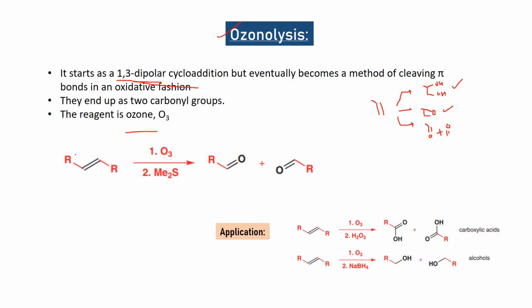So if you have this double bond and add this ozone and this Me2S, what will happen? This double bond will cleave and we will get this oxidized product. How do we get this ozone? In the laboratory, if you try to generate ozone, there is a machine like this box. This is an ozonizer machine.